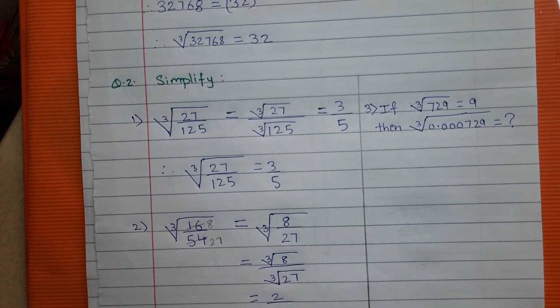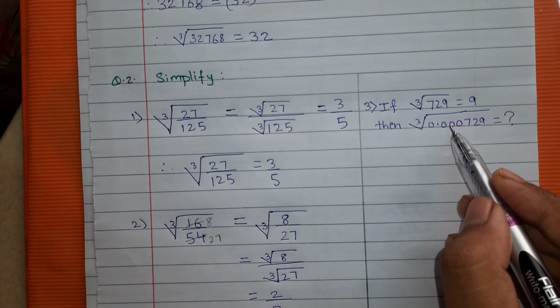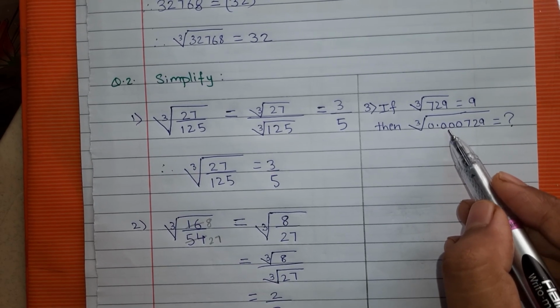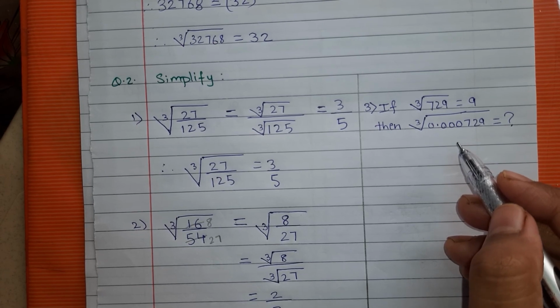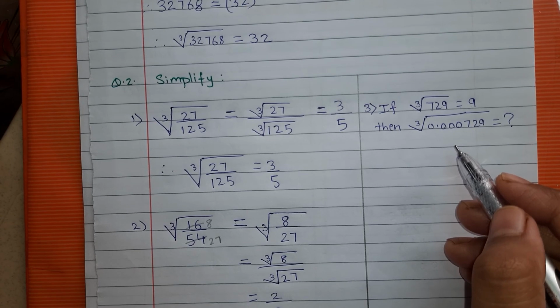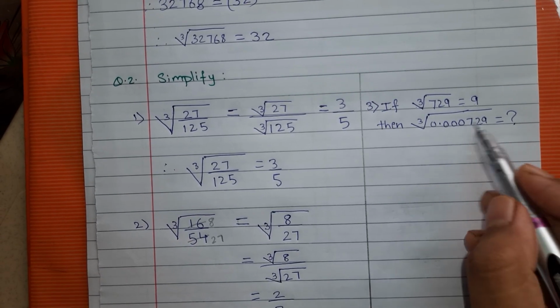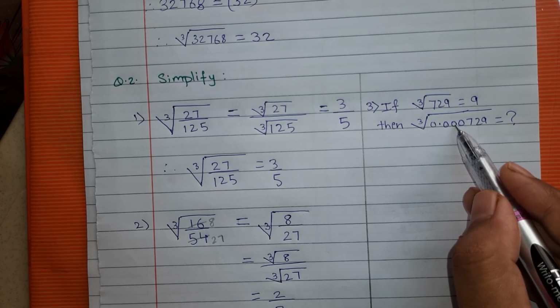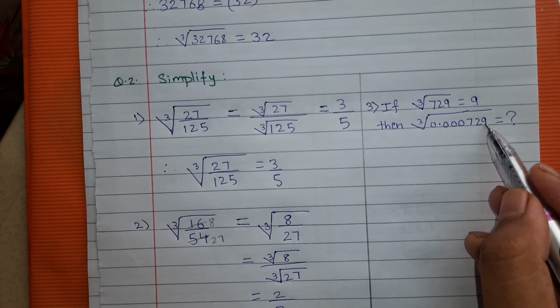Now, in the previous lecture, I told you that suppose there are 2 digits after the decimal point in a number, then in its cube there will be 6 digits after the decimal point. So here, how many digits are there after the decimal point? 1 2 3 4 5 6.